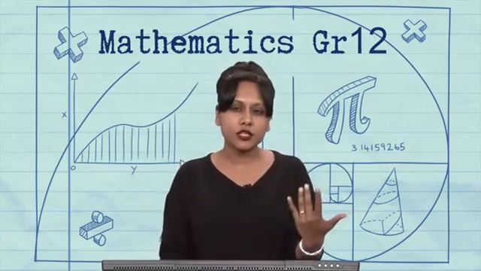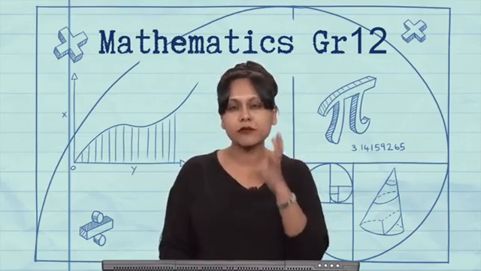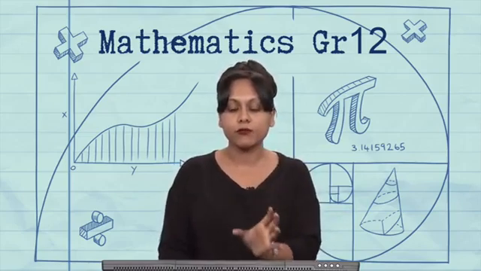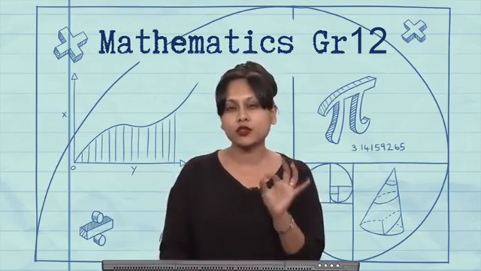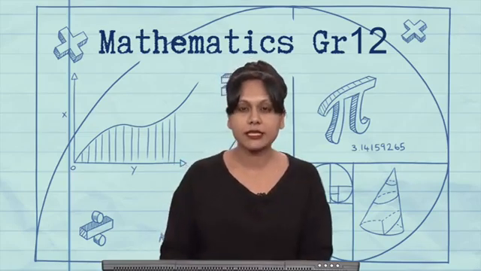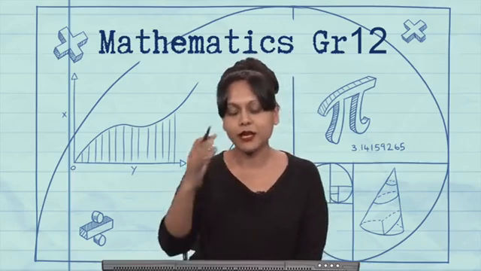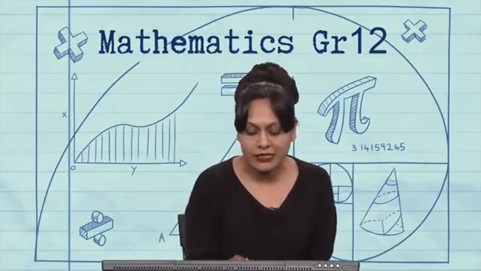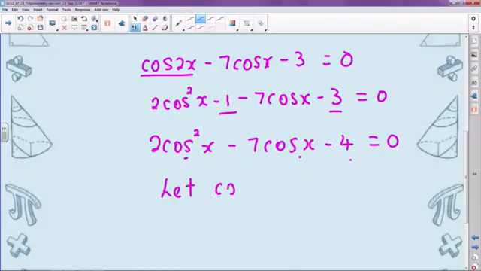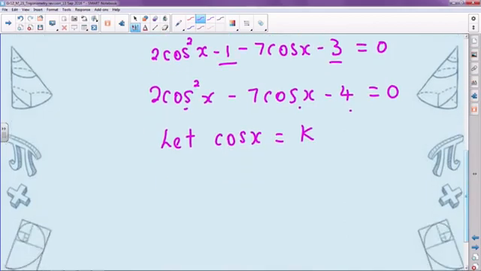What I suggest to learners who are struggling to see the factorized form of this trigonometric trinomial is to use a k. Use the letter k to help you simplify this. You can say let cos x equal k, and that will help you simplify this trinomial a little bit more. So I will get 2k squared, see what I've done?